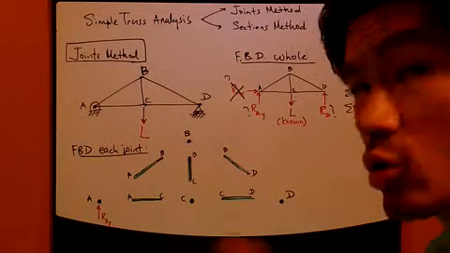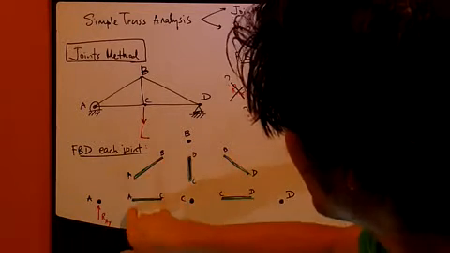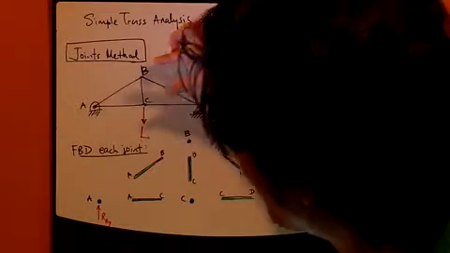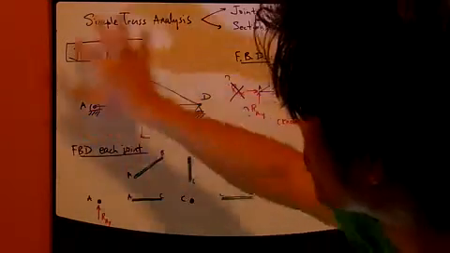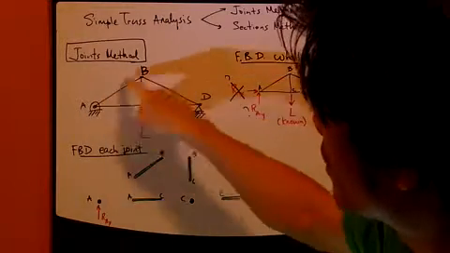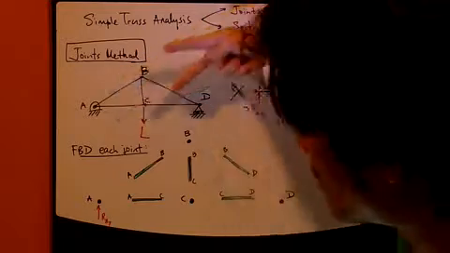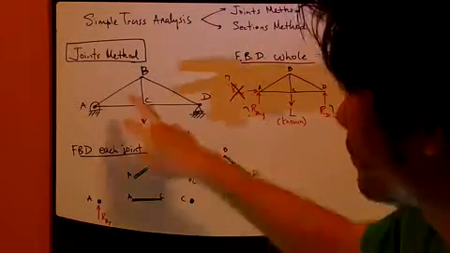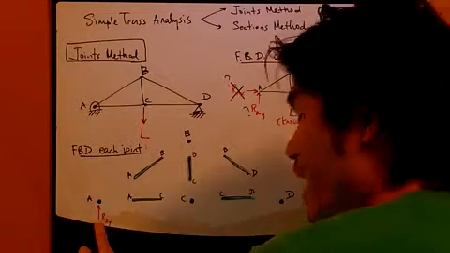So I have 2 other forces. How many members are touching joint A? Look at this original picture. This joint A is in contact with these 2 members, AB and AC. So there will be 2 forces coming from these 2 members, on top of this reaction force.